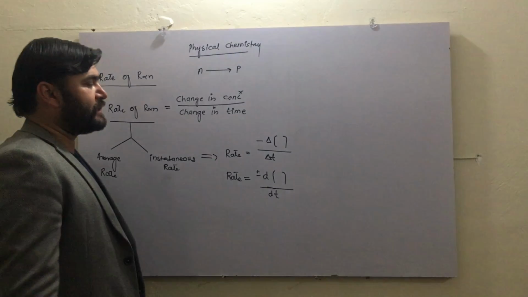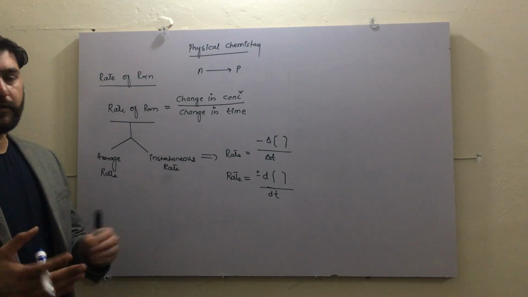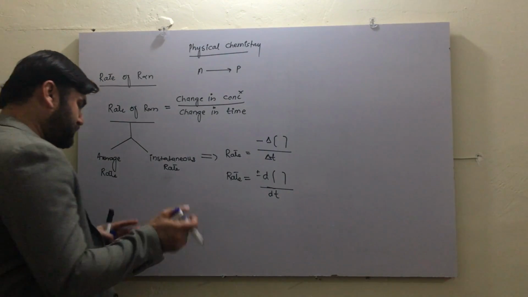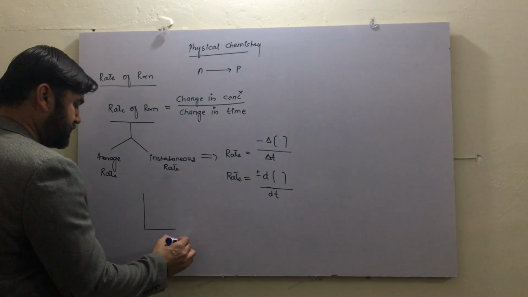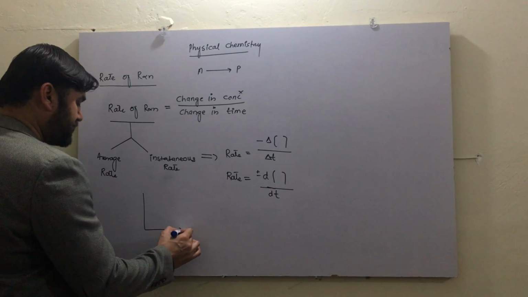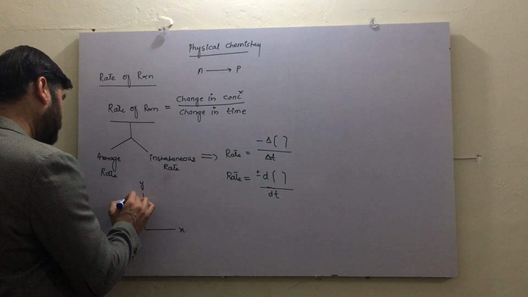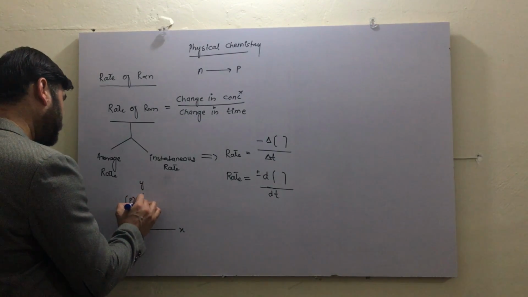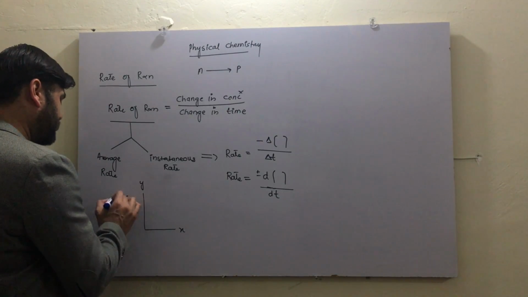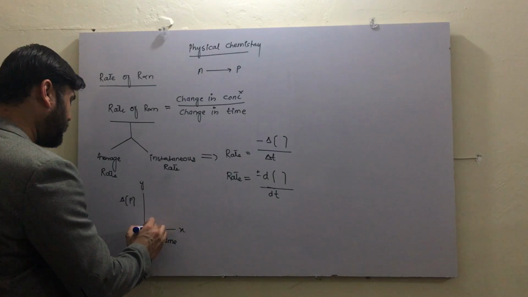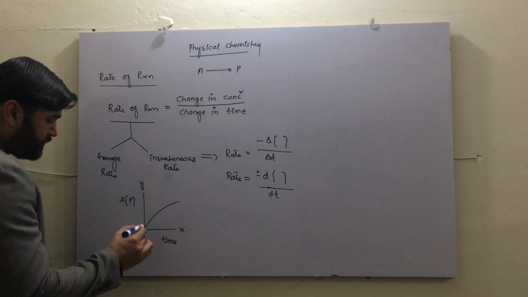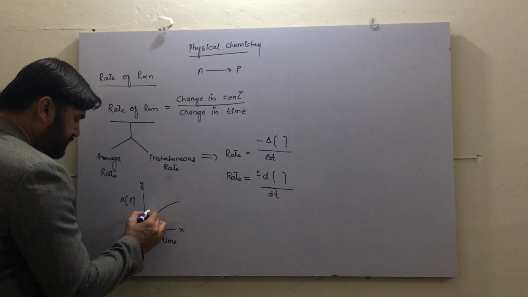Today we are going to take one important topic, but first let's have a quick recap of the previous lecture. Suppose there is a graph with concentration of product versus time on the axes.